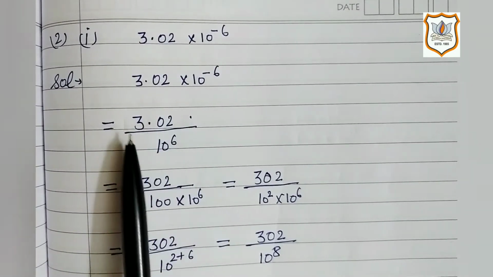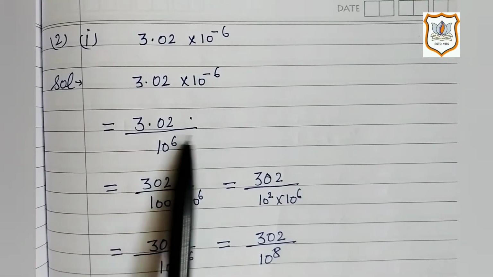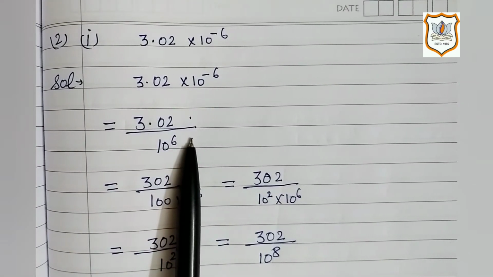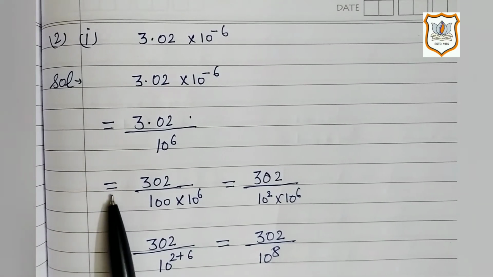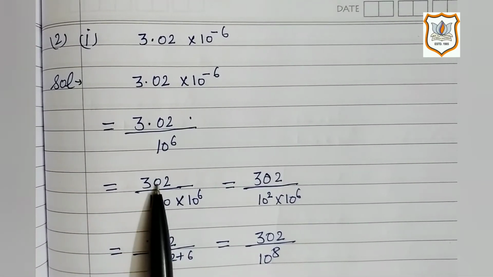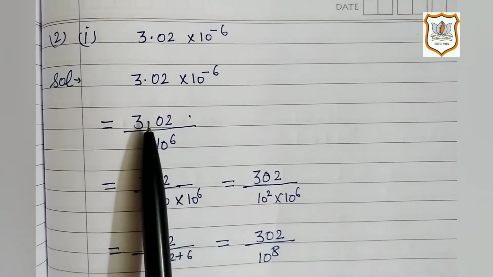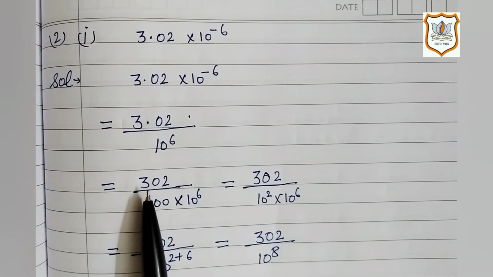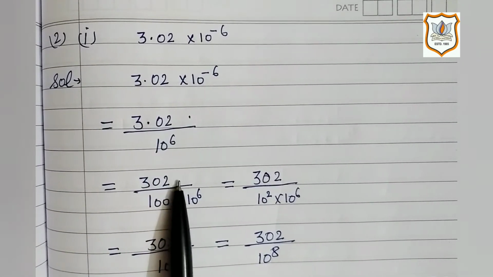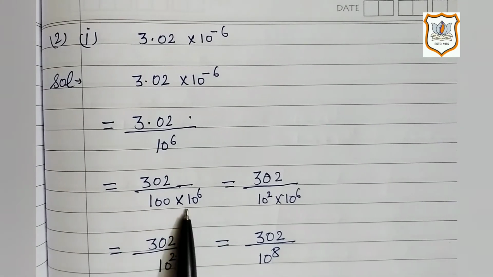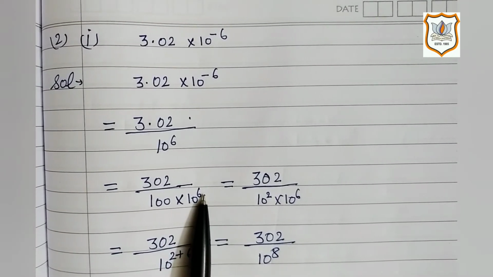So we write 3.02 upon 10 raised to power 6 is equal to 302. Here we remove the point, so we write 302 upon 100 multiplied by 10 to the power 6.